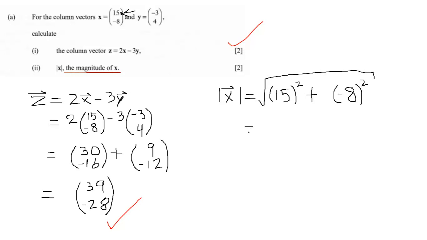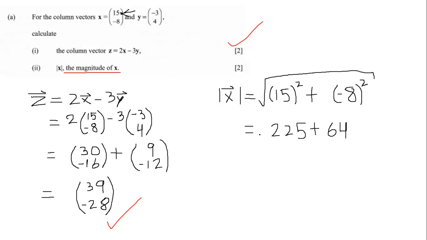What is 15 squared? 15 squared is 15 times 15, and 15 times 15 is indeed 225. Now, what is 8 squared? 8 squared is 8 times 8, which is 64.